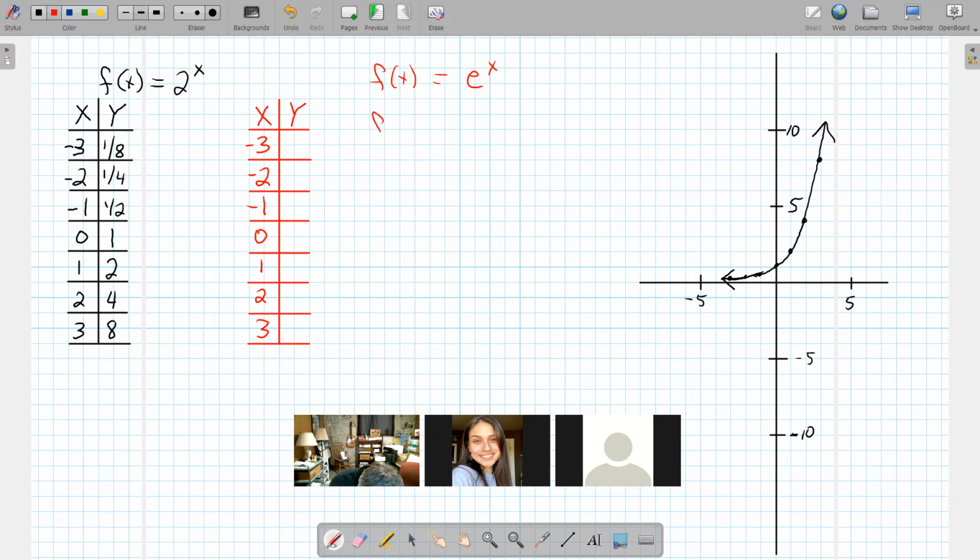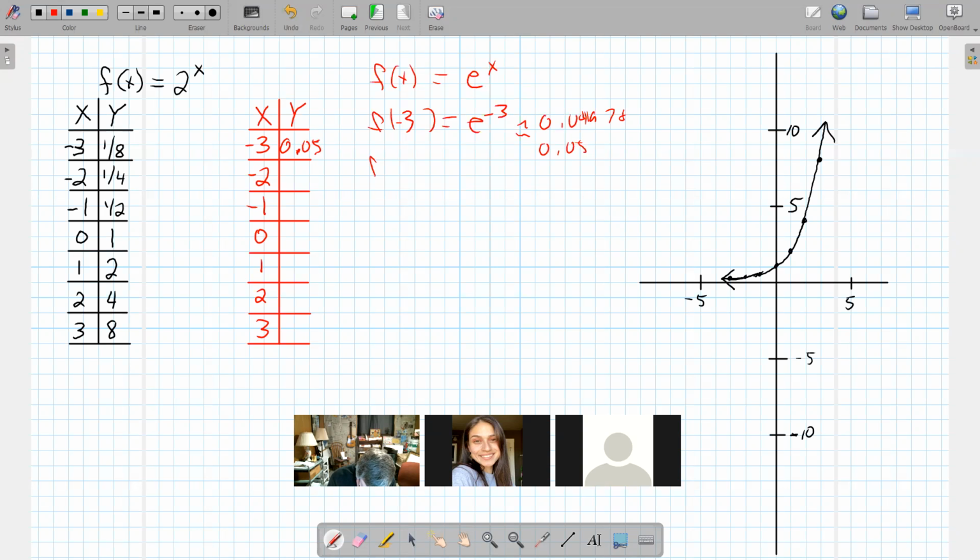So f of -3 equals e to the -3 power. On my calculator, I'm going to do the second ln. So I've got e to the, and I'm going to put -3 in there and close it up. And I get 0.04978, blah, blah, blah. I'm going to call that 0.05, okay? Which is approximate, and I can't graph it more accurately than that on the stuff I've got anyway.